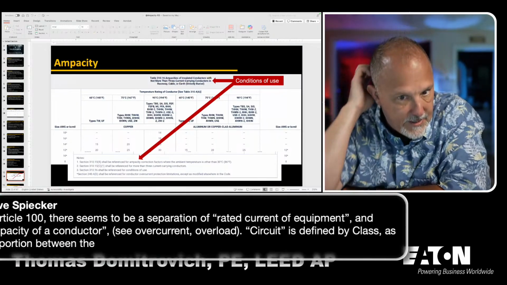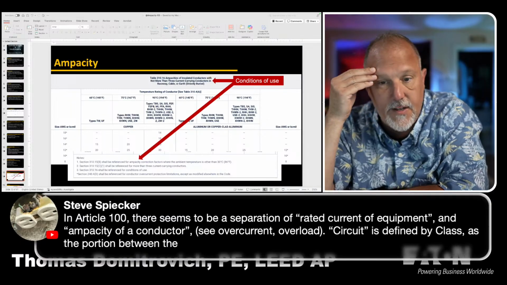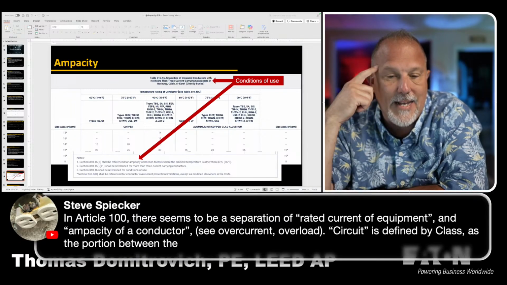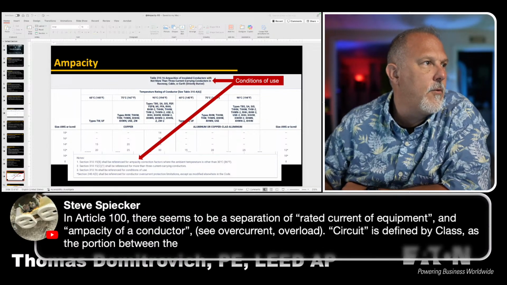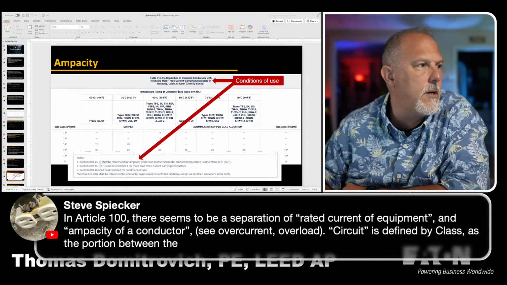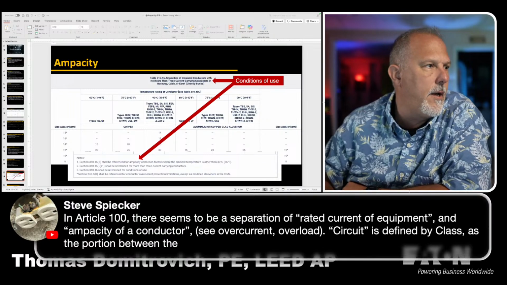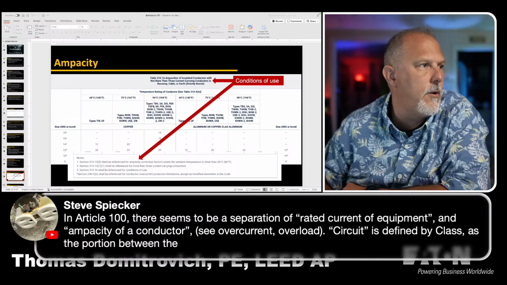Steve is saying, in Article 100, there seems to be a separation of rated current of equipment and ampacity of a conductor. Oh, man, yeah, that's a good point. Rated current of equipment. Is that under R? LMNOP, rated current of rated output power, rated load current.